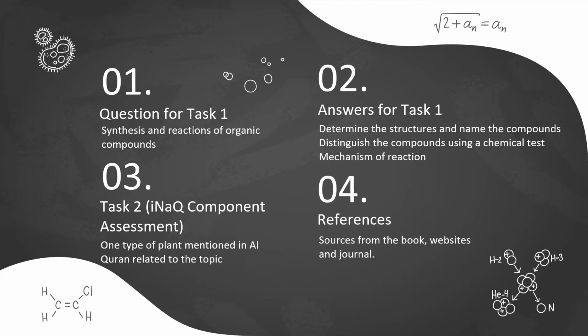The third is Task 2, integration of Naqli and Aqli component assessment, that is one type of plant mentioned in Al-Quran related to the topic. And the last content is the references, how we get sources from books, websites, and journals.